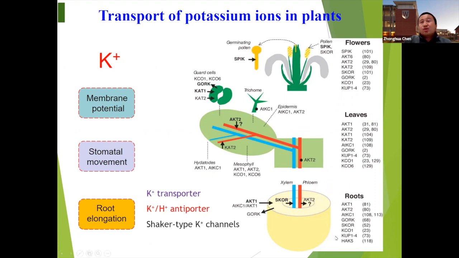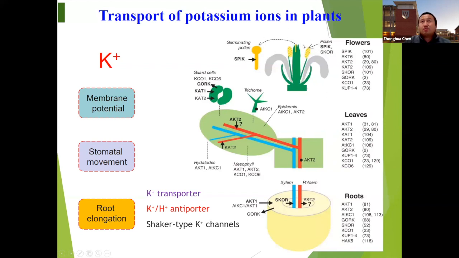So, for example, in the roots, there are a range of the shaker type K channels, AKT1, 2, KC, GOG, and also the other co-transporters. In the leaf, different types of K channels and transporters, and also stomata and other parts, even in the reproductive tissue.